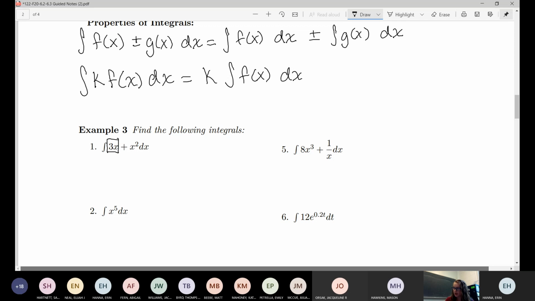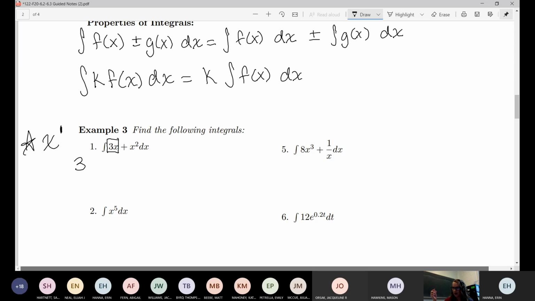So antiderivative of 3x. The 3 comes along for the ride. And then essentially what I'm looking at is x to the first, which is a power rule, if you will. Maybe I should call it the anti-power rule. So it's kind of an anti-power rule situation.